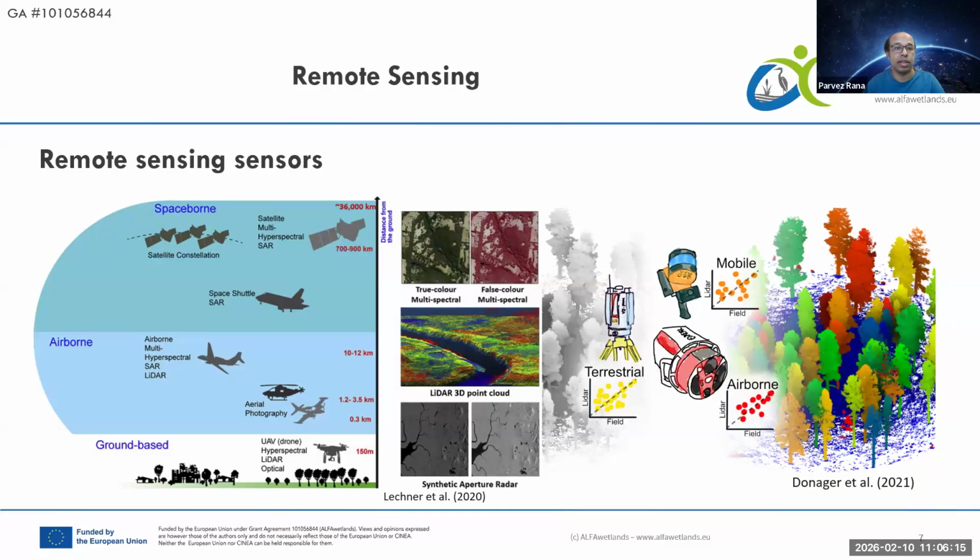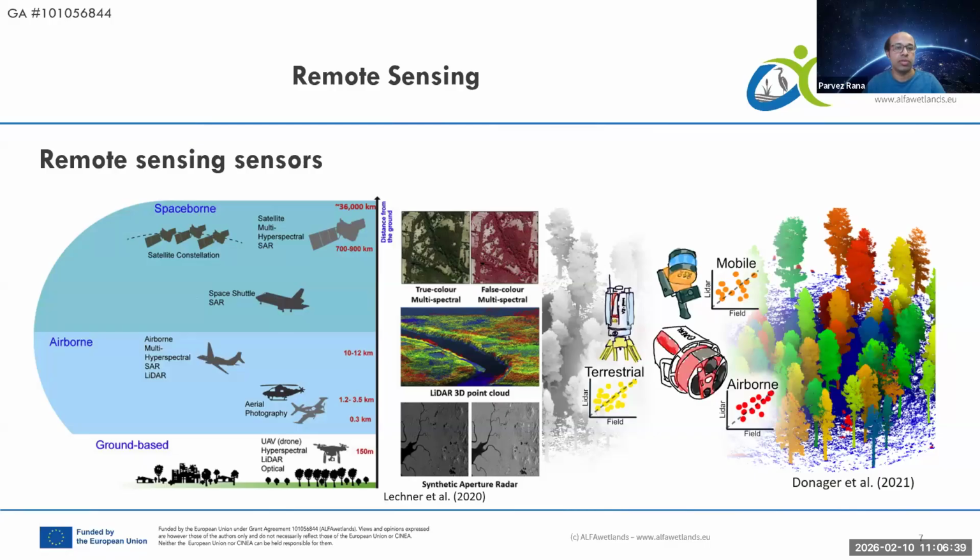For example, Sentinel is one of the satellites from the European Space Agency. You could also use airborne data, like using a plane, and ground-based is almost like drone data. You could fly your drone around 100 or 150 meters from the surface level.